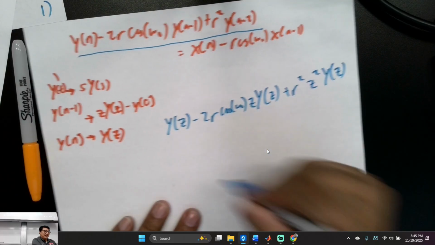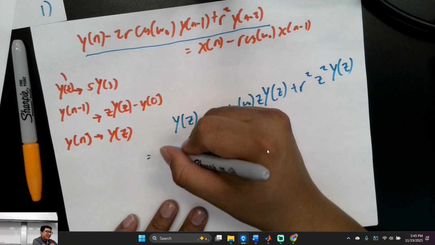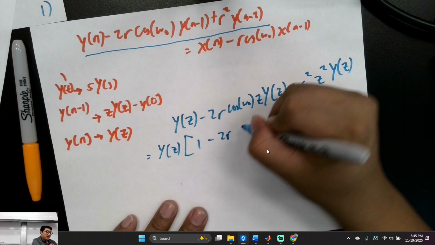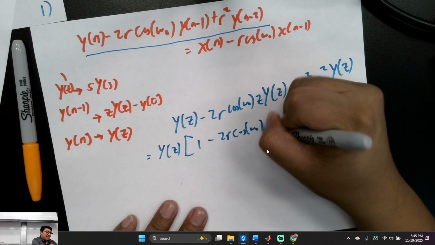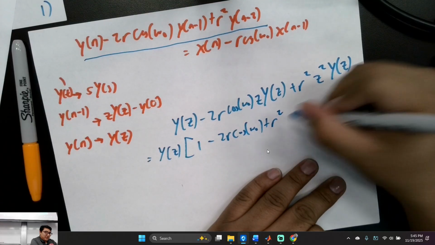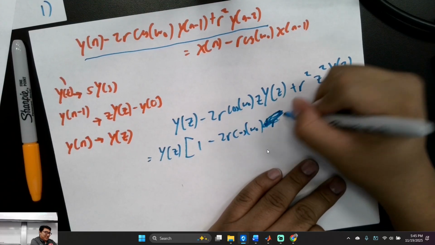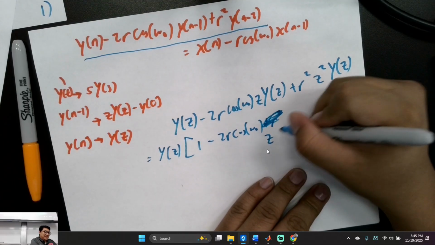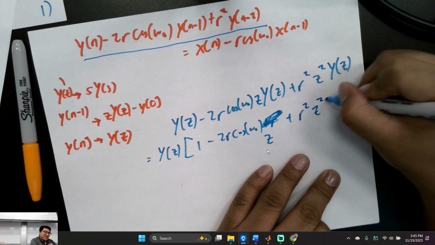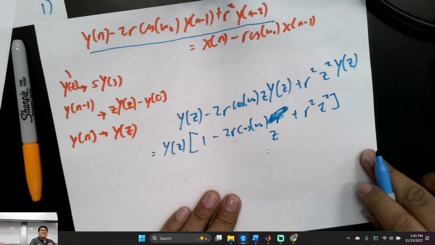Is that good? And then this is equal to, if I rewrite this again, Y(z) times 1 minus 2r cosine omega naught z plus r squared z squared. Is that good with everybody?